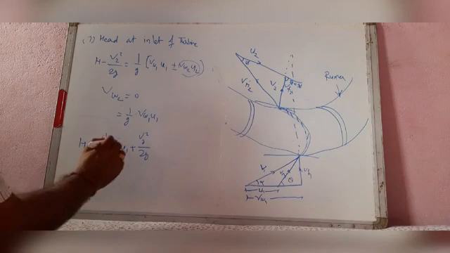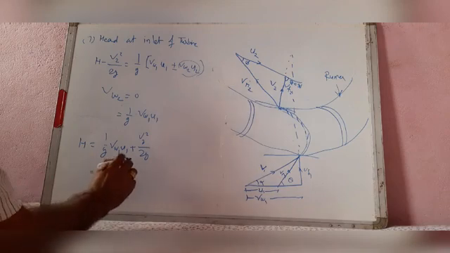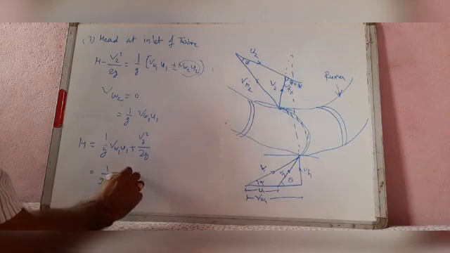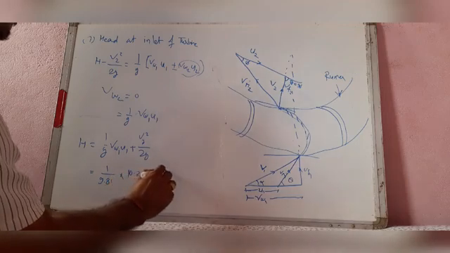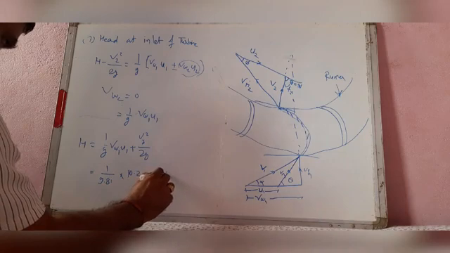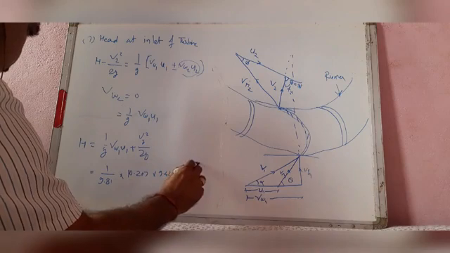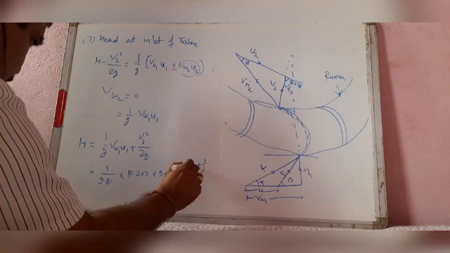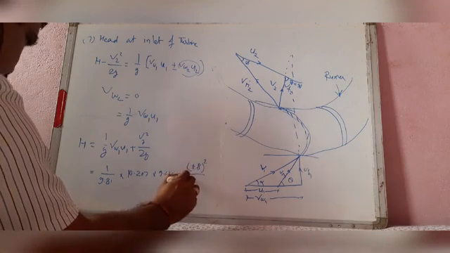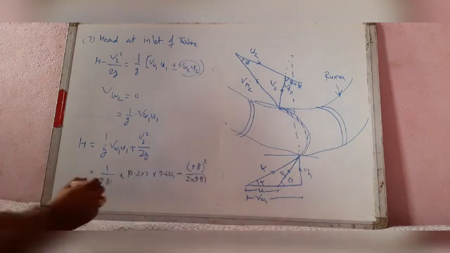Putting the values here, 1 by 9.81 into 10.207 into 9.424 plus 1.8 square by 2 into 9.81.